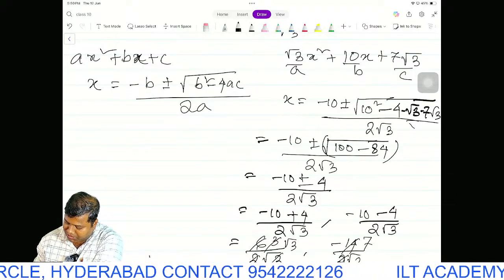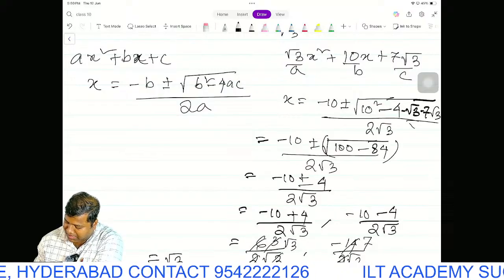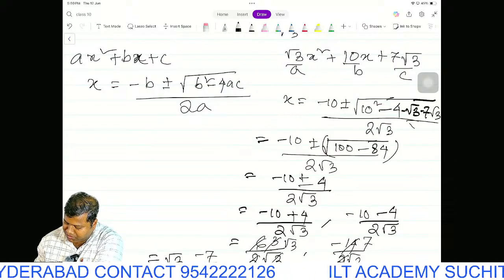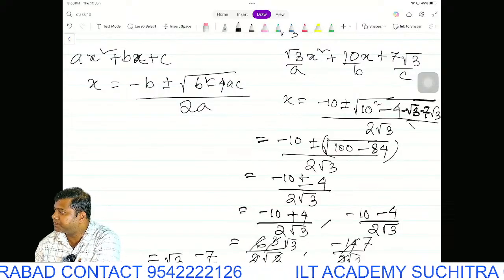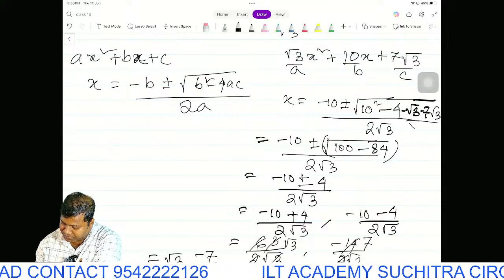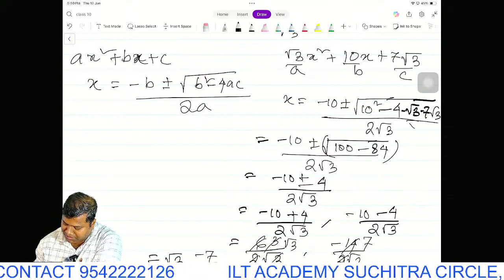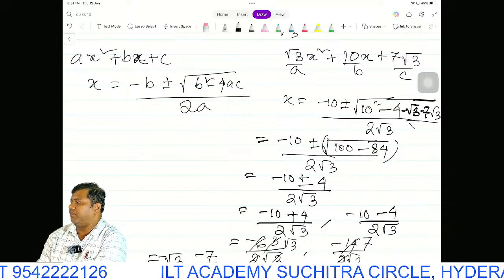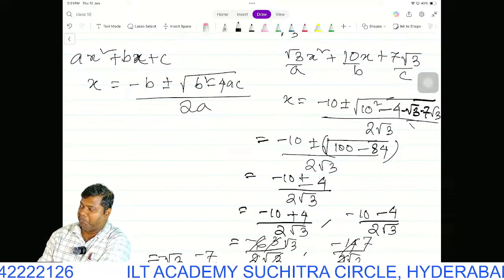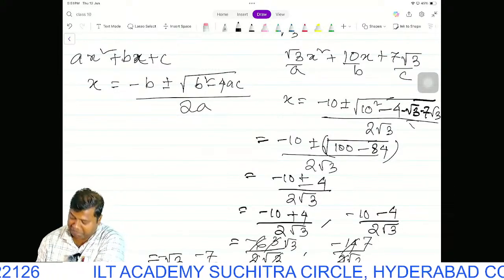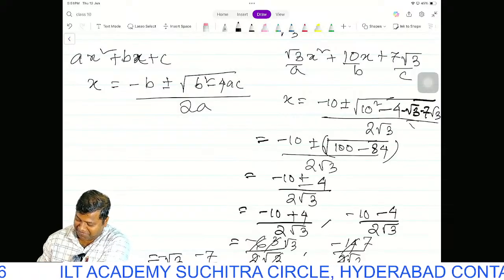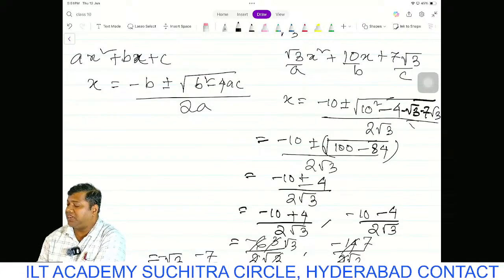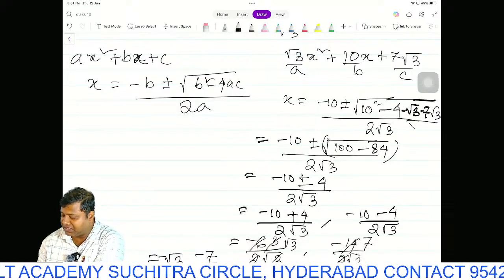So that means we are getting minus root 3 and minus 7 by root 3 as the zeros. Yeah, minus it is. Okay, minus root 3 and minus 7 by root 3 are the zeros.